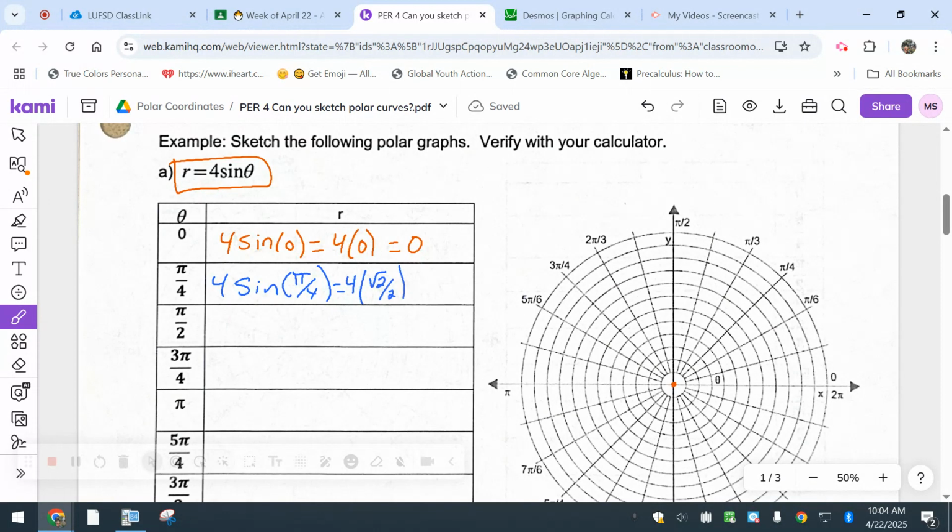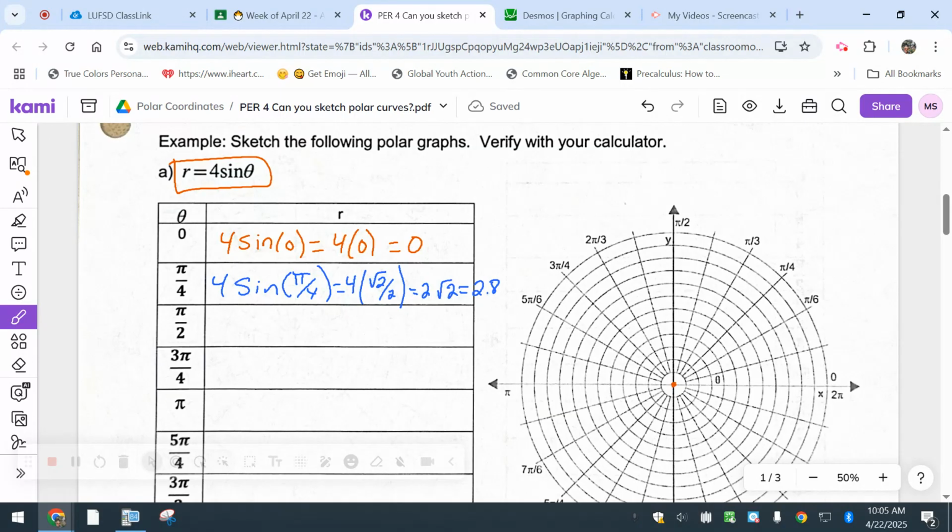Radical 2 over 2. So now this one, when you reduce it, you get 2 square root of 2, which doesn't really help you because you need the decimal. So you definitely would go to your calculator. You could type in 2 times the square root of 2 and tell me what you get. 2.8, right?